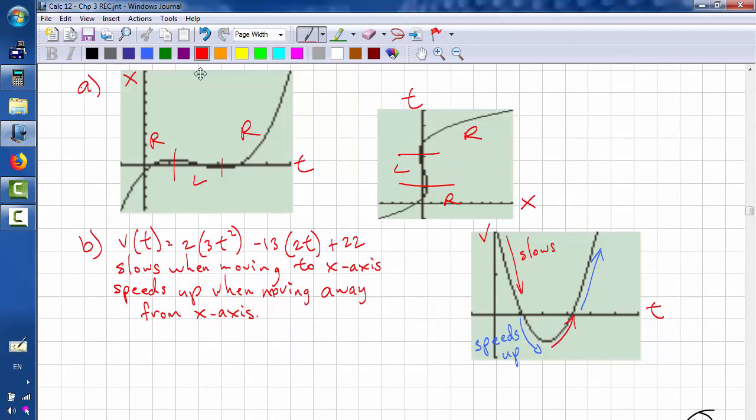Okay, so we should answer this with a little bit more detail. So you would find the zeros here, and from 0 to 1.15 seconds, slows. From 1.15 seconds, speeds up.